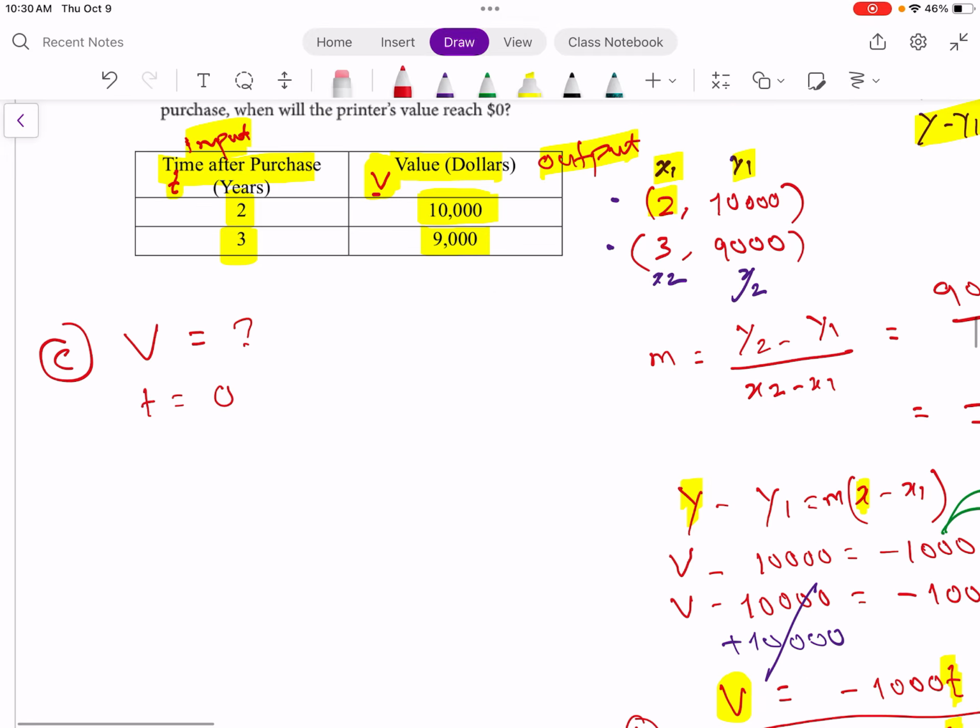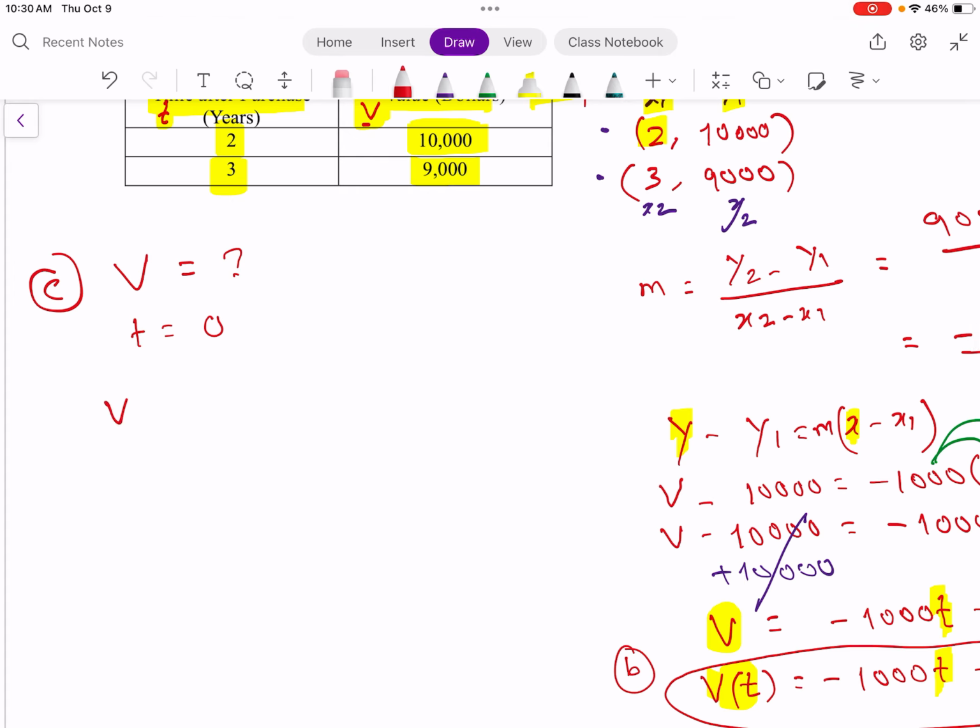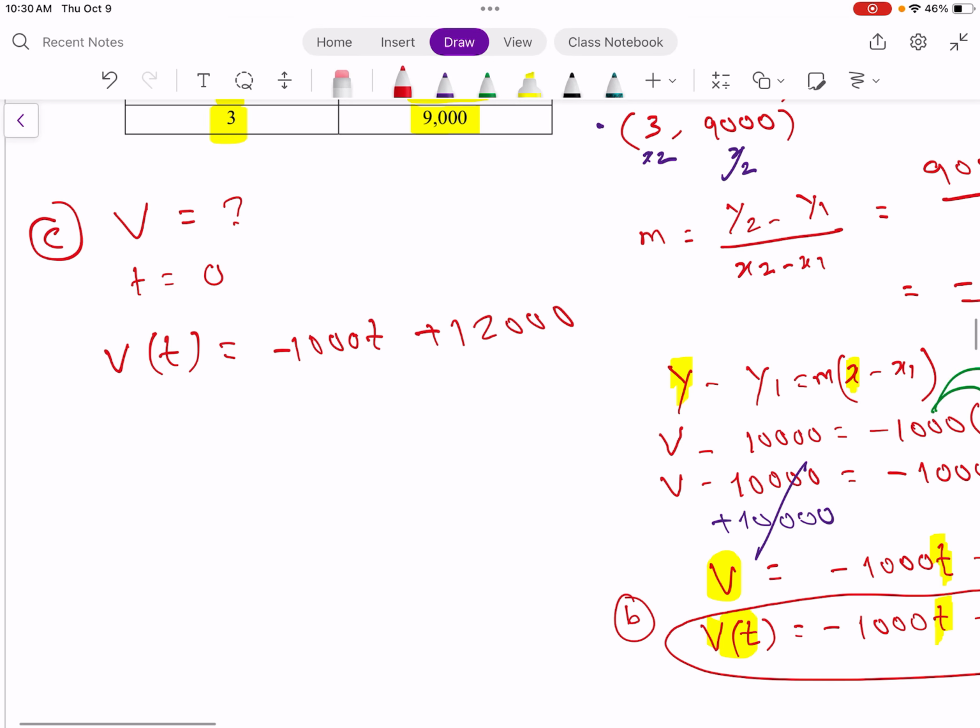Now let's use our function from part B. Our V of T is negative 1000 T plus 12,000, and let's replace every T by 0. So V of 0 is the original purchase price. This is negative 1000 times 0 plus 12,000, and this is $12,000.